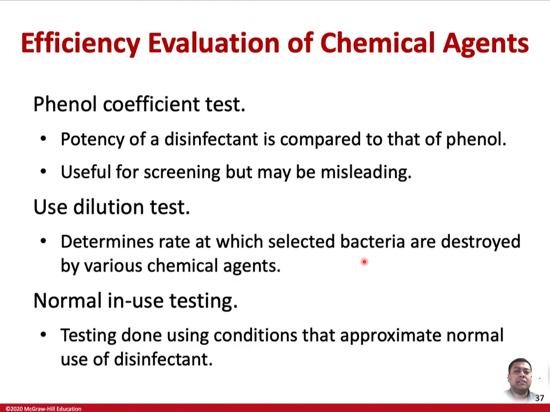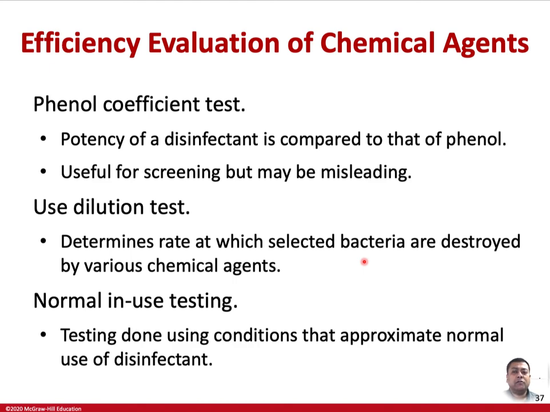Then a standard amount of particular bacteria, Salmonella enterica serotype Typhi and Staph aureus, is added to these dilutions and placed at either 20 degrees Celsius or 37 degrees Celsius in a water bath. Then at every 5-minute interval, samples are withdrawn and inoculated into growth media. This growth media is incubated and examined for growth for at least 24 hours.